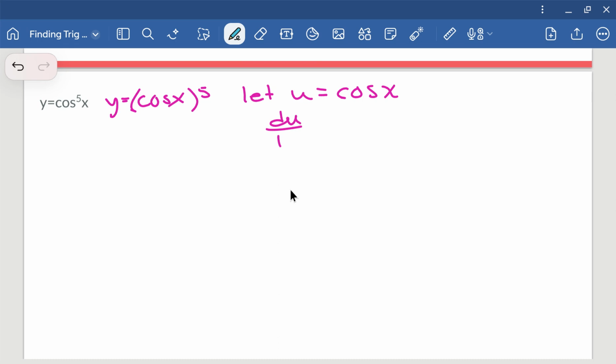So du over dx would equal negative sine of x, and then we can write dx over dx because it's all in terms of x. So that equals 1, so that goes away, and then we can keep going, rewriting y equals u to the power 5.